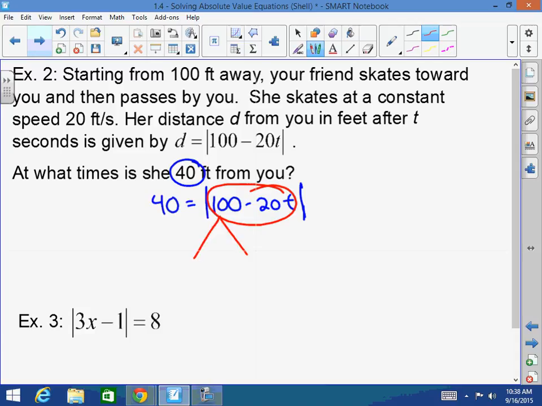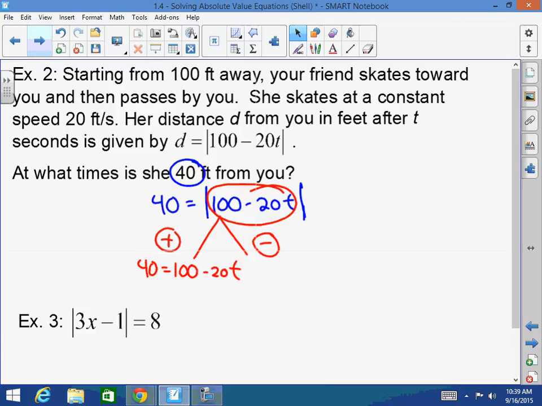Let's split it. Positive side, negative side. Now, most of my students don't like to do that. They want to do it their way, the short way, the easy way, the quick way. That's a good way to get it wrong. Let's do it the right way. So the mirror image, 40 equals 100 minus 20t.